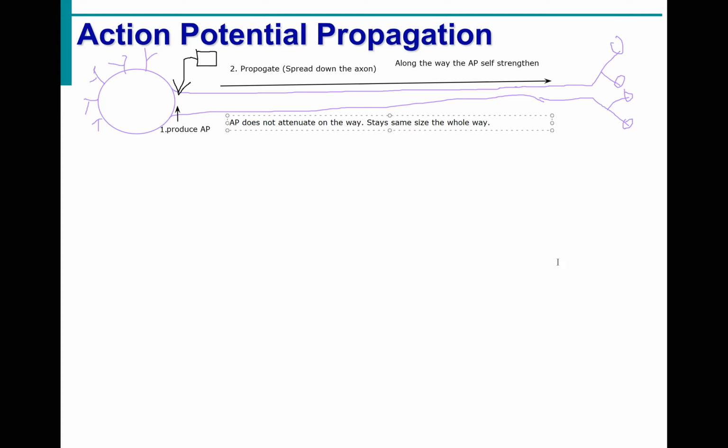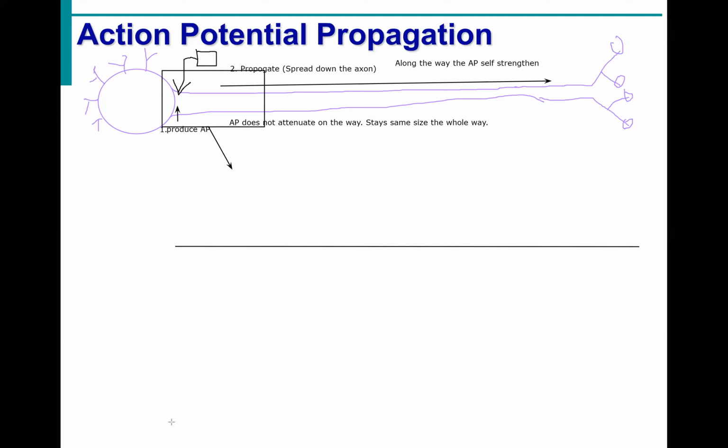So we'll do it with the pretty picture from your textbook. But once again, I think it is easiest if I actually draw it first and we talk about it first. So what we're going to do is take the first part of our action potential, here was my square, and we are going to enlarge that and bring it down. And that's what we'll show here. So what we need here is our axon, and we'll even put a little bit of the cell body here.